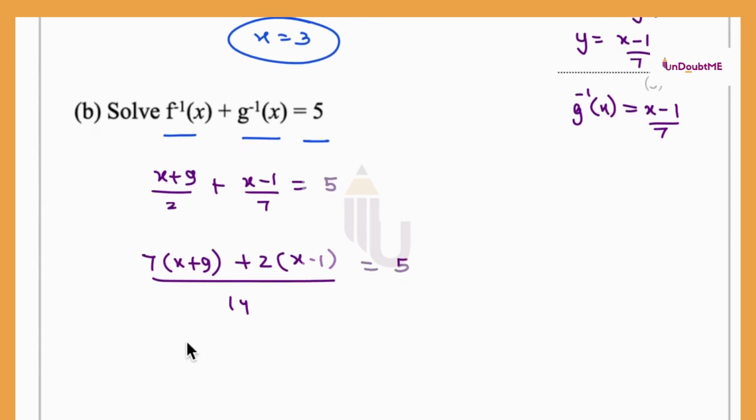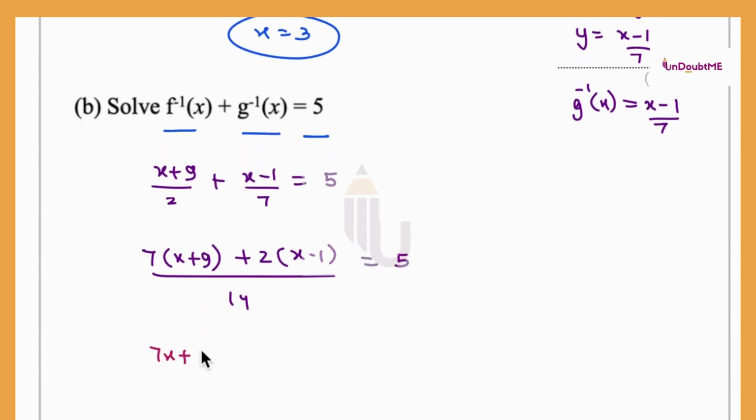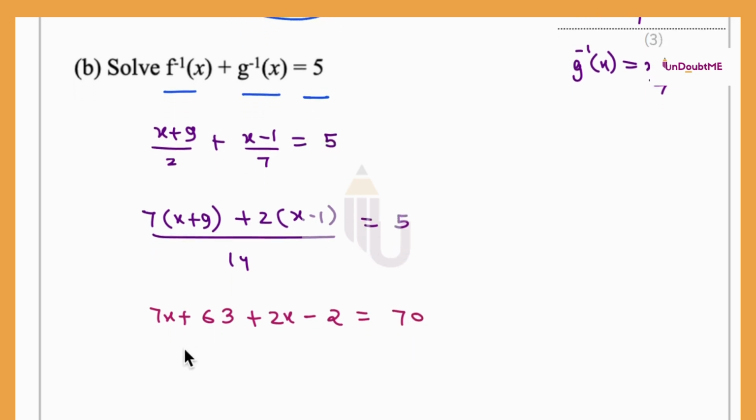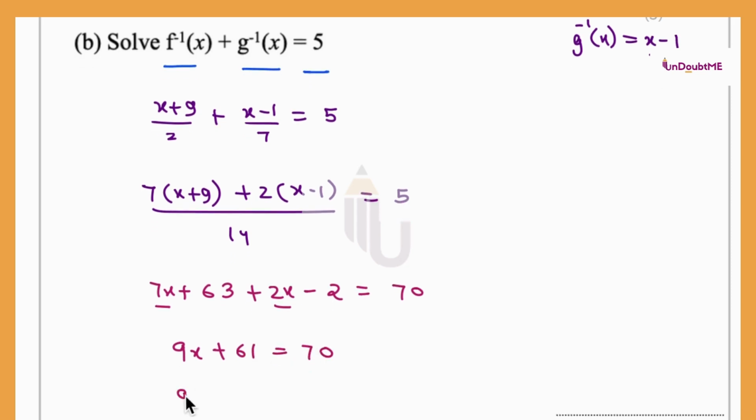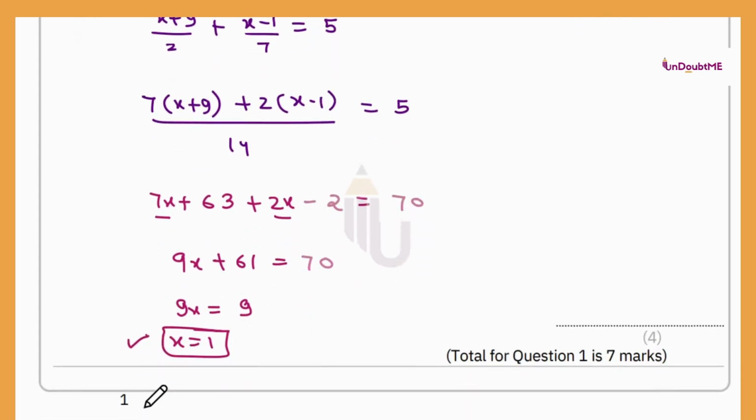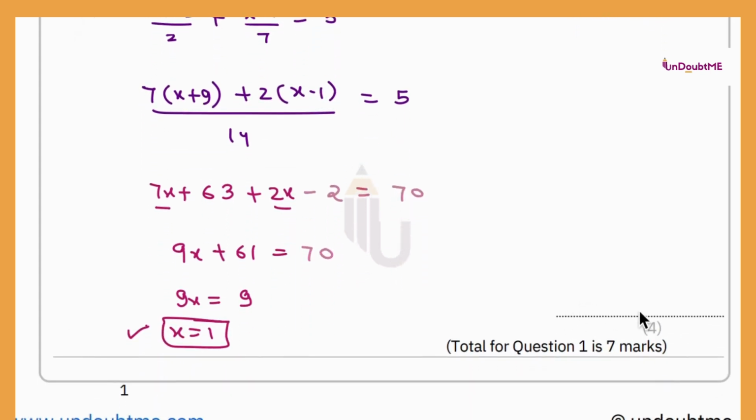In the next step we will expand the brackets and multiply both sides by 14, so that will give me 7x + 63 + 2x - 2 = 70. 7x + 2x is 9x, plus 61 is equal to 70. 9x = 70 - 61, that is 9, and x will be equal to 1. So x = 1 is the final answer we are getting from here.